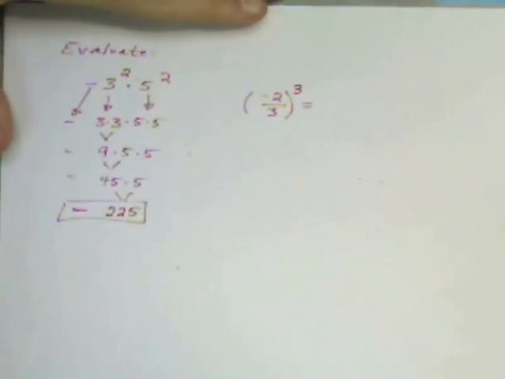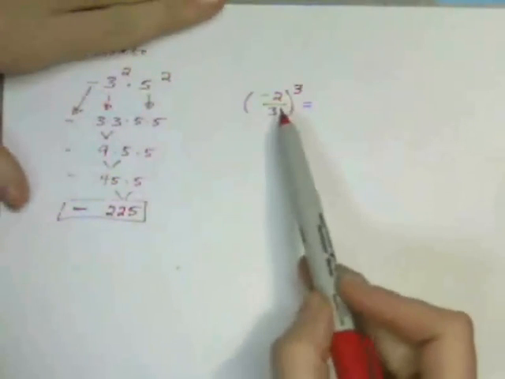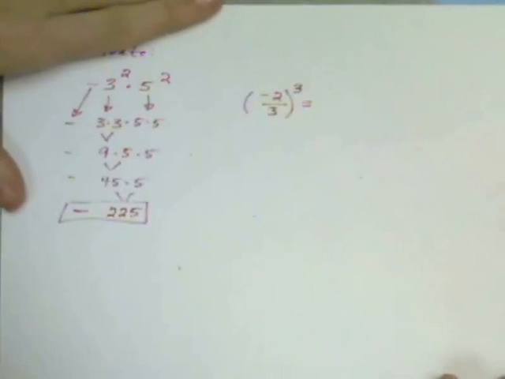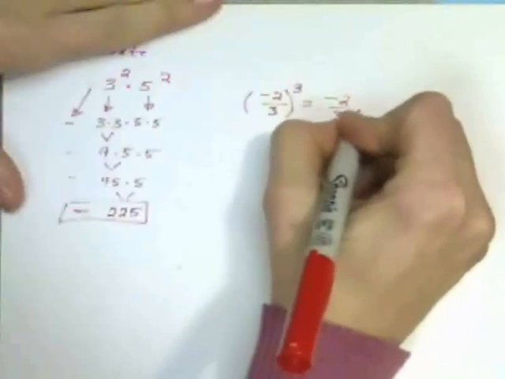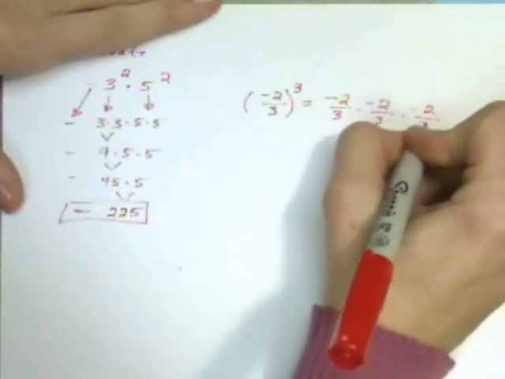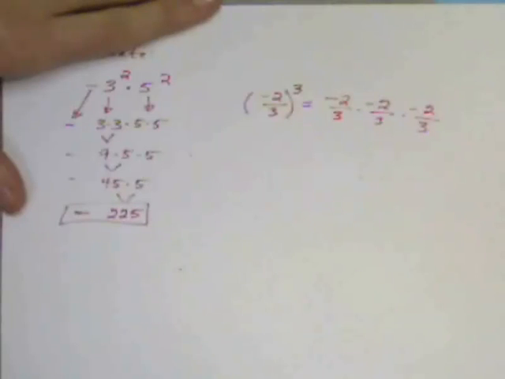Okay, so here we have negative 2/3 cubed. So notice in parentheses, all of this stuff is going to be repeated 3 times. So what we could do is write negative 2/3 times negative 2/3 times negative 2/3. And then go across the top.